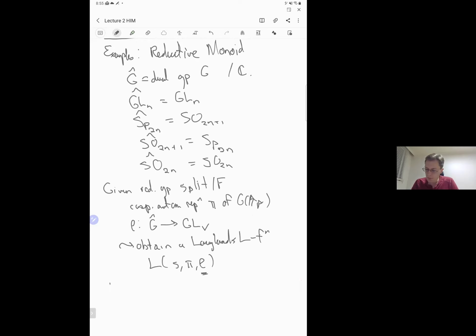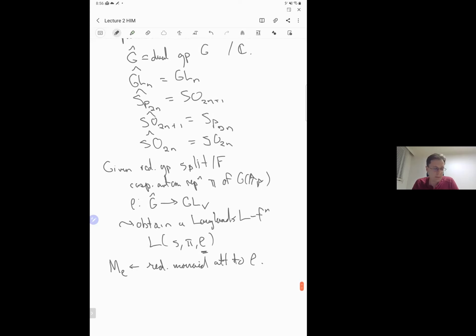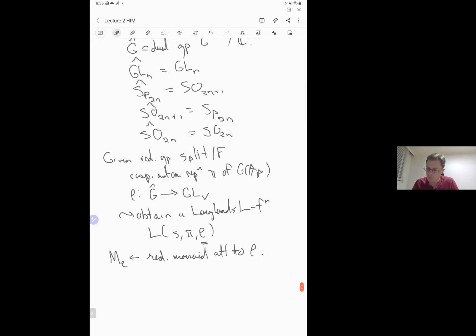The space you should look at is M_rho, which is the reductive monoid attached to rho. Now there are some assumptions that you have to make on G for what I'm about to say to be valid, but I want to suppress those.